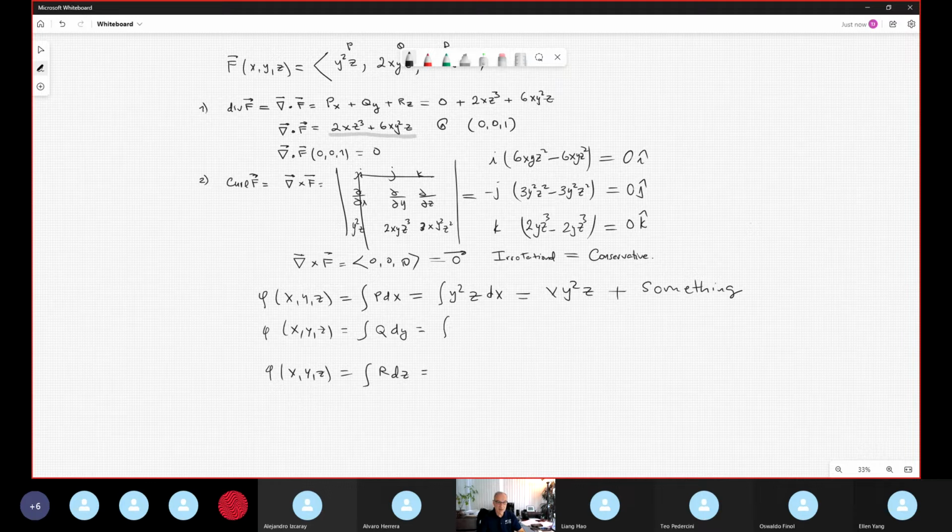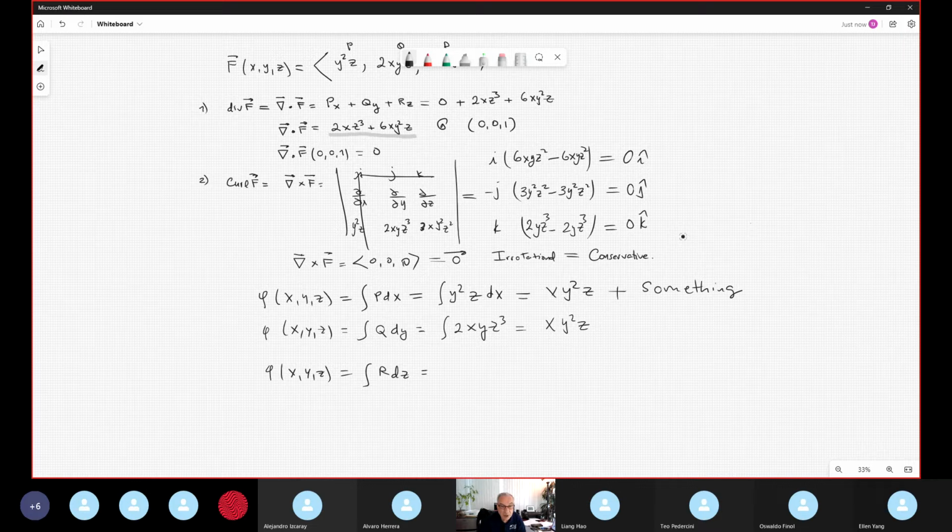When you compute the antiderivative of 2xy z cubed with respect to y, we have y squared divided by 2, and the 2 is cancelled, so we stay with x y squared z cubed.